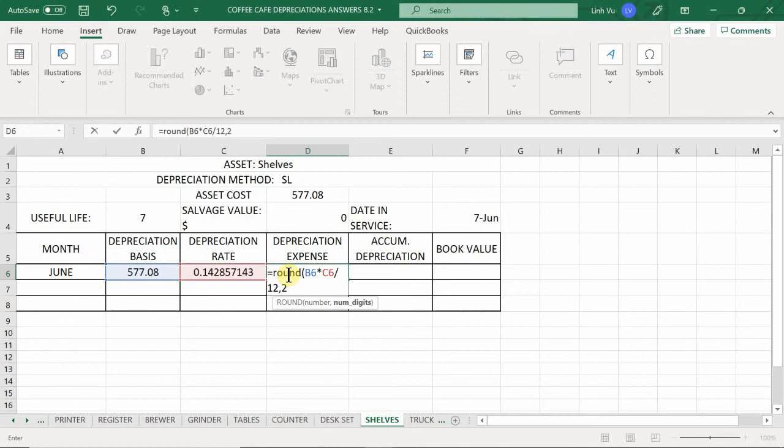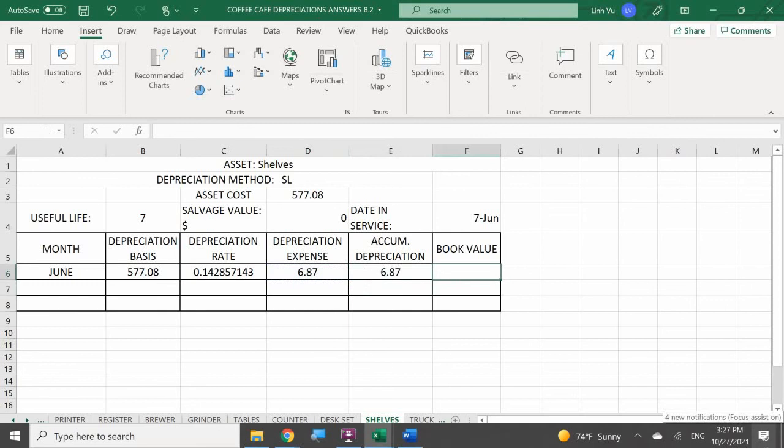Okay, so what did you get? 6.87. Good. Okay, so we have the book value: 577.08 minus 6.87 is 570.21.